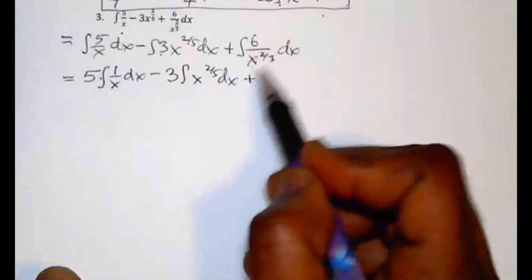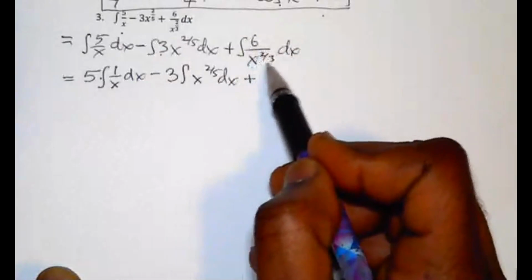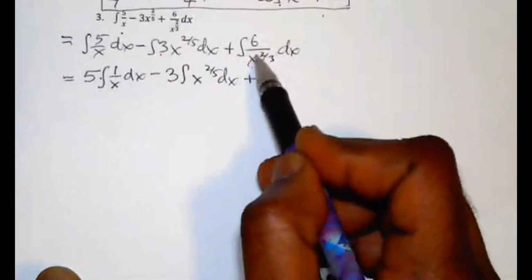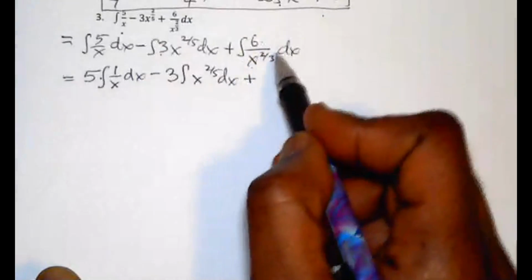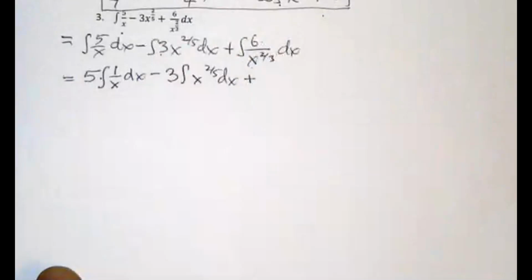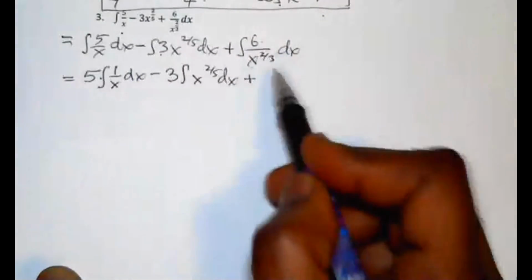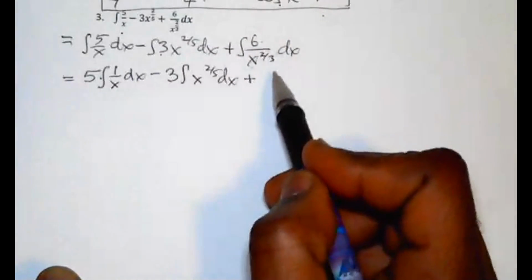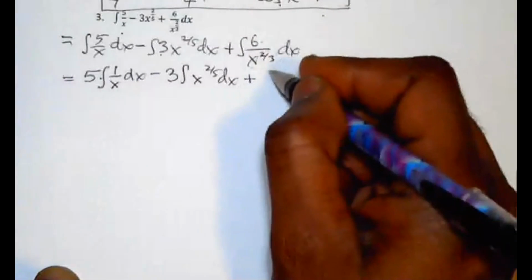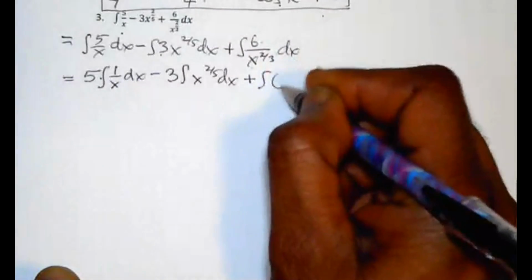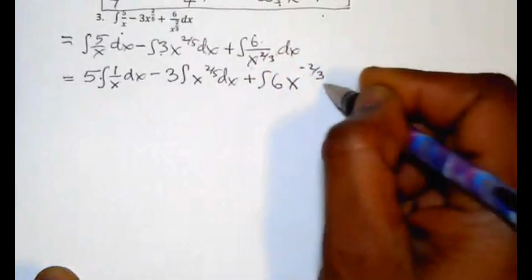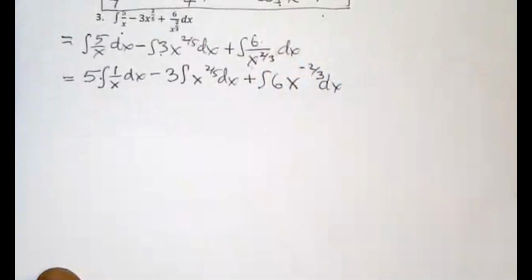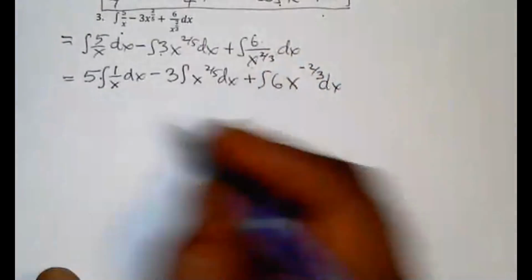To change this to exponential form means that I have to bring this base to the numerator, and once I do that, I have to put a negative sign in front of the exponent. So that's the negative exponent rule. So let's do that. So I have the integral of 6 x raised to the power negative 2 over 3 dx. Okay. So now we can easily take the integral of what we have.